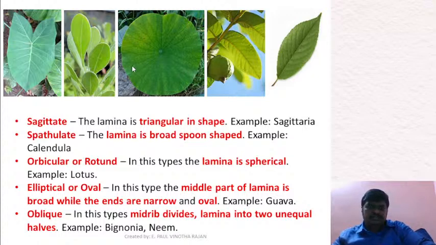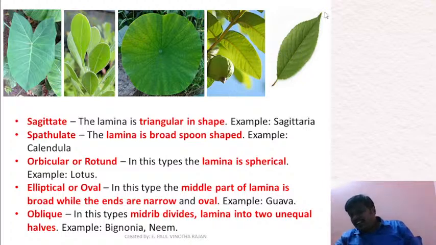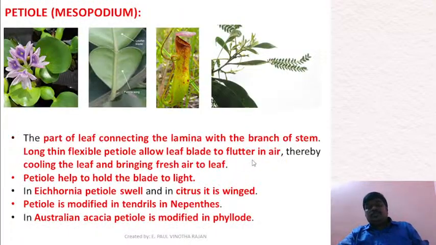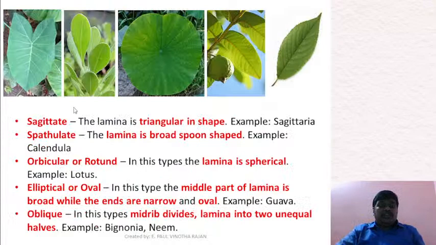Oval or elliptical leaves we can see in the case of guava. And oblique: the center one is the midrib, it is prominent, and the leaf lamina is divided into two unequal halves. That is called oblique. These are all the shapes of the leaf.